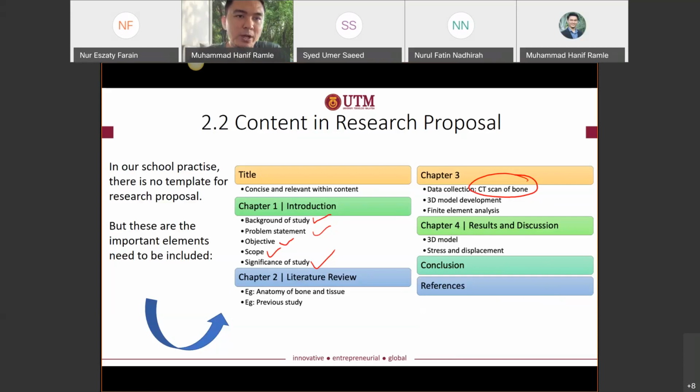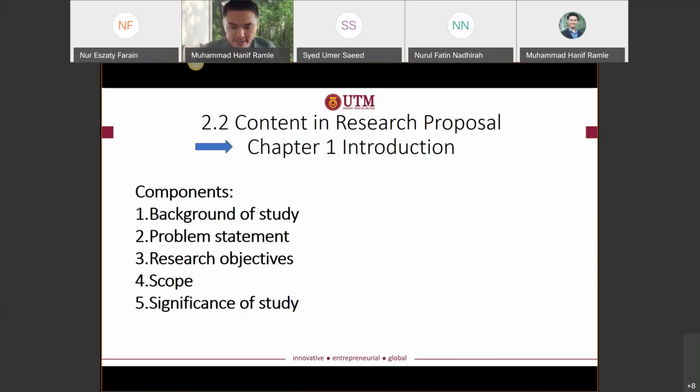Maybe you expect that this new method will give the easiest way to patients, to doctors, to do some monitoring process, for example. And of course, the conclusion and references. Okay, so this is the details.